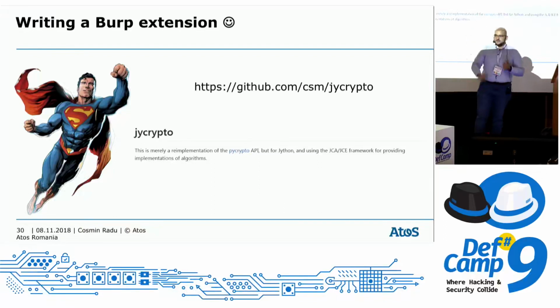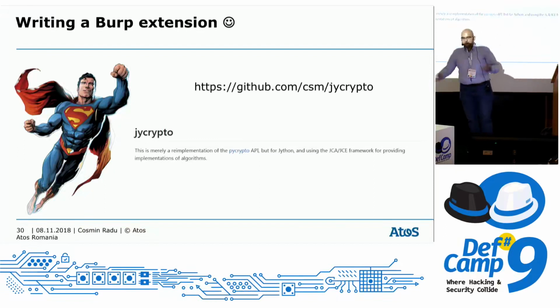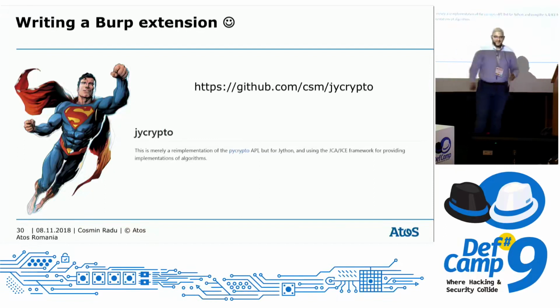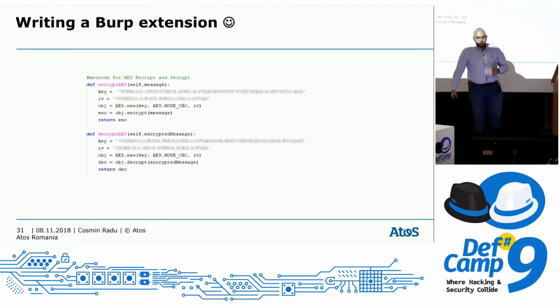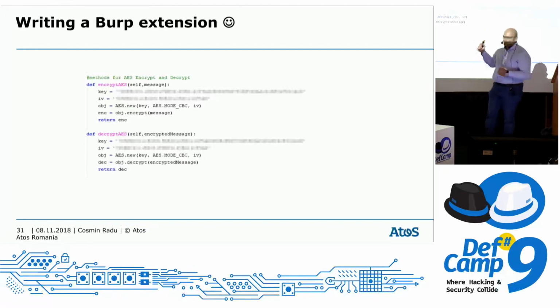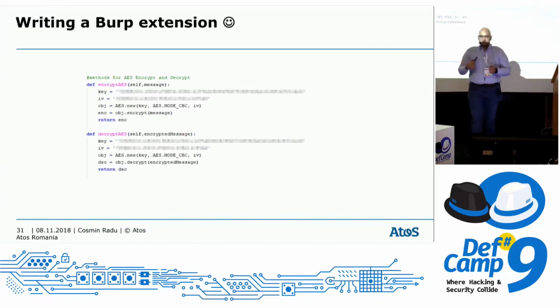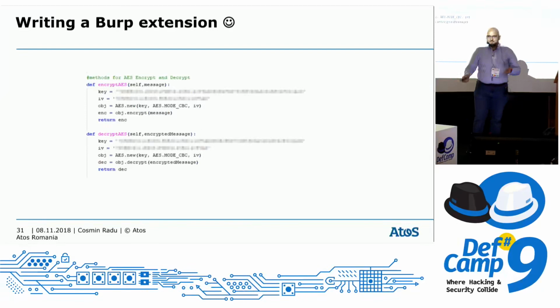After using the JCrypto reimplementation of PyCrypto, the decryption worked by magic. Okay, so I wrote the encrypt and decrypt. Why the encrypt also? Because I wanted to modify the parameters and re-encrypt the values and send them to the server, because the communication wouldn't work otherwise.